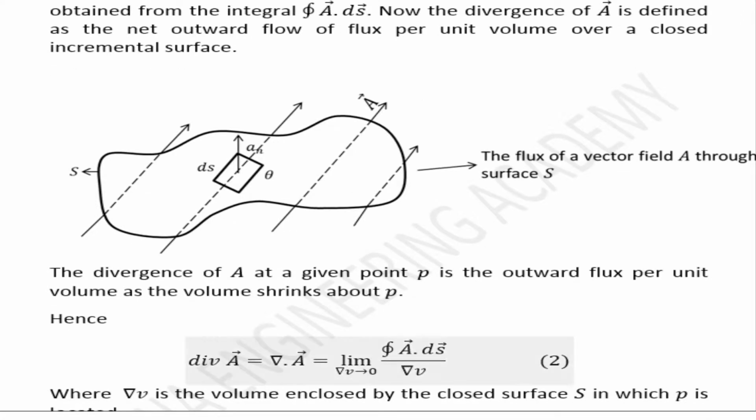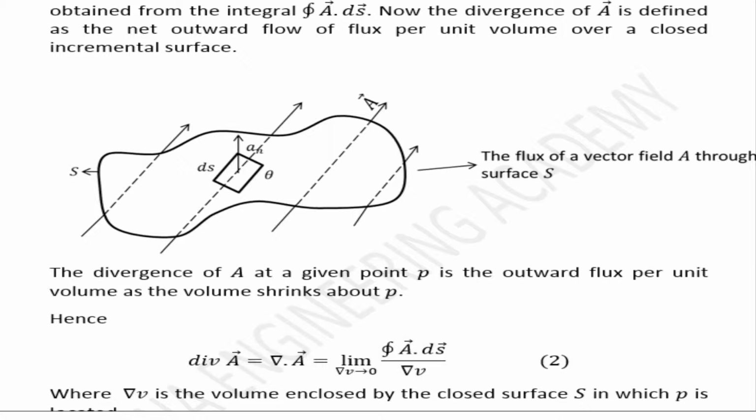So we can say that the divergence of A, that is del dot A, is equal to the limit delta v tends to 0, that is for a small volume, closed integral A dot ds by delta v.